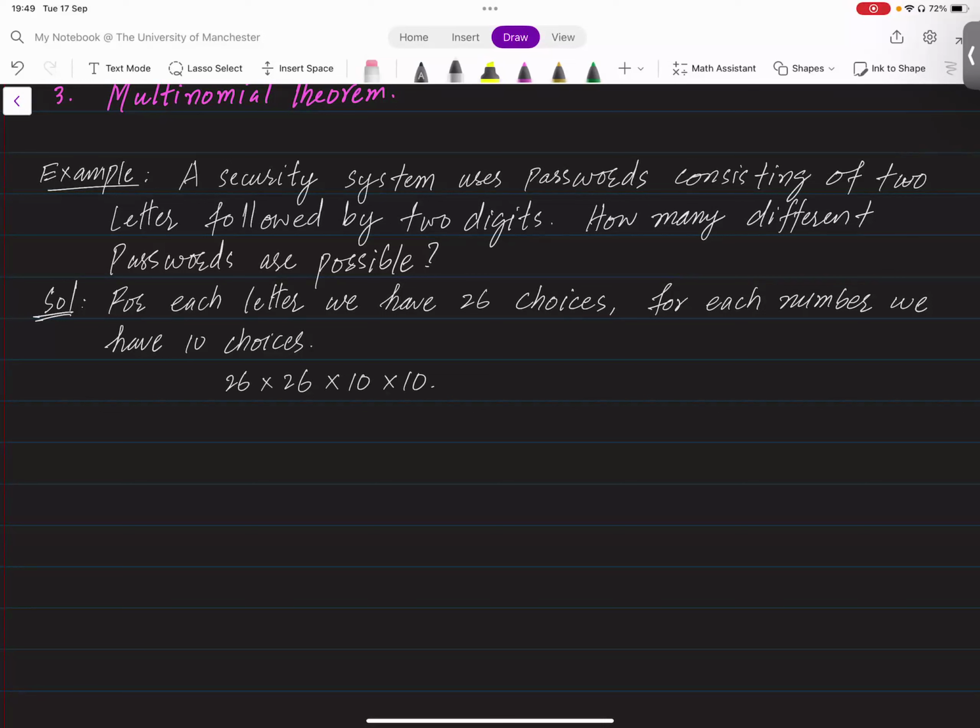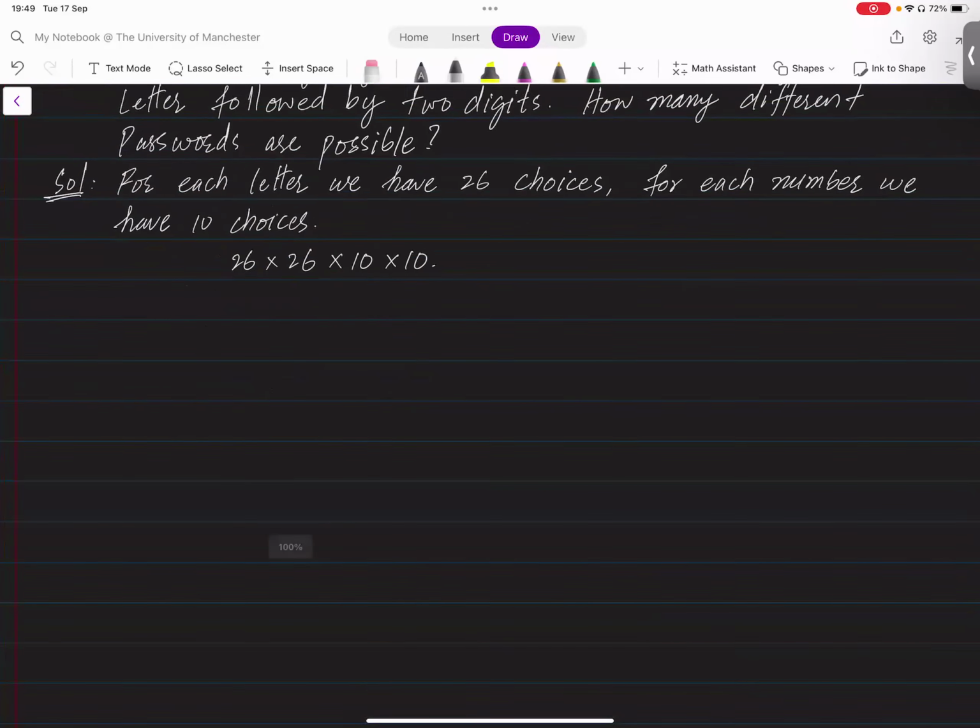Here's the justification for this claim.